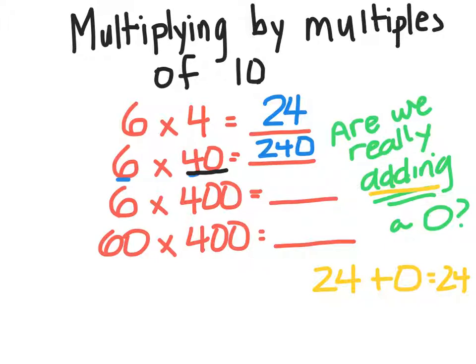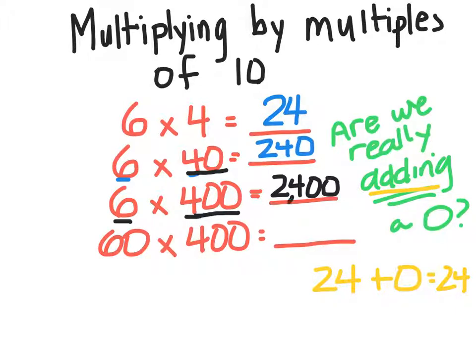Okay, so then now if we're looking at our next one, again, you're looking at 6 times 4, but we've taken our 4 and we've multiplied it by 100. So when we take our answer and we multiply it by 100, we get 2400.